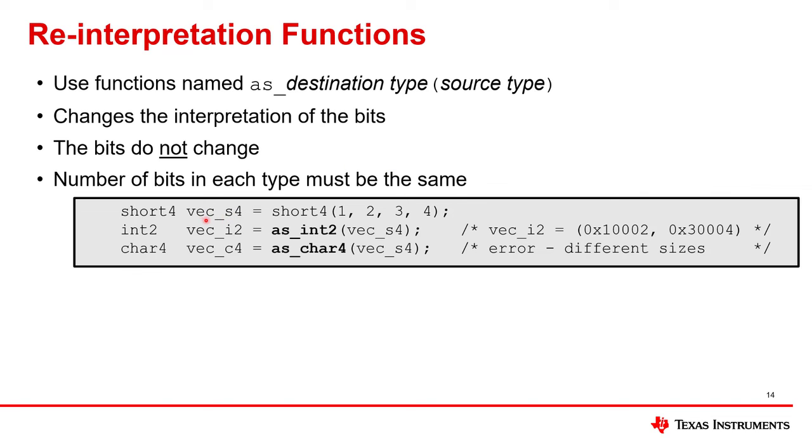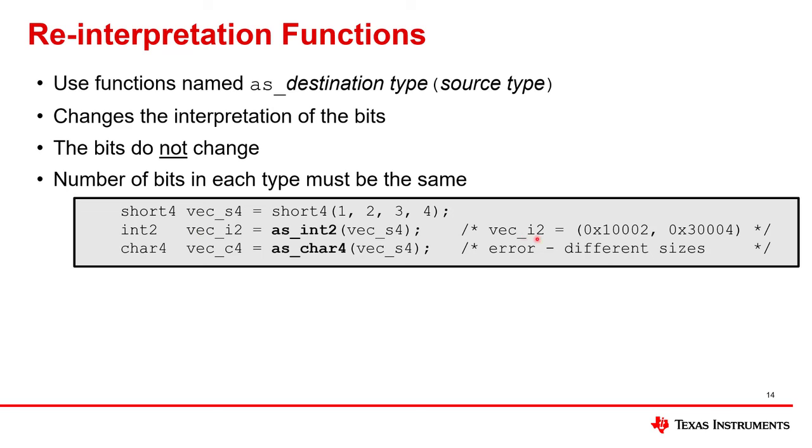So let's look at our example. We'll start with a vector of length 4, initialized to 1, 2, 3, 4. You've seen that before. As_int2, so we're changing this, reinterpreting it as a vector of length 2. It's important to notice these are the same size: 4 shorts are the same size as 2 integers.